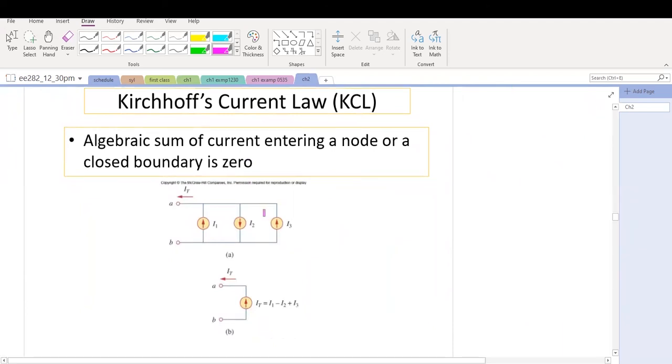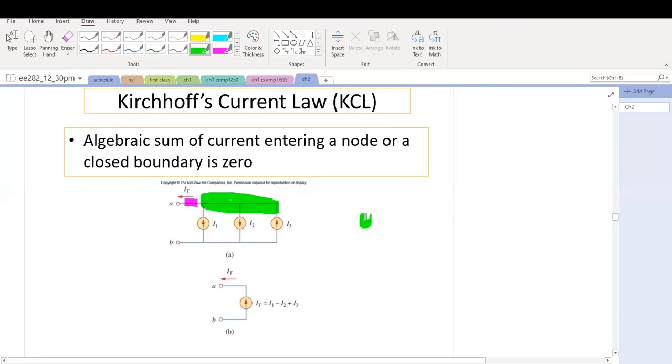Let's look at an example. Here is one node, all of this is just one node. We define I of t flowing out of this node, and then I1 flows into this node, and I3 flows into this node, and then I2 flows out of this node. Remember, this is one big node here.